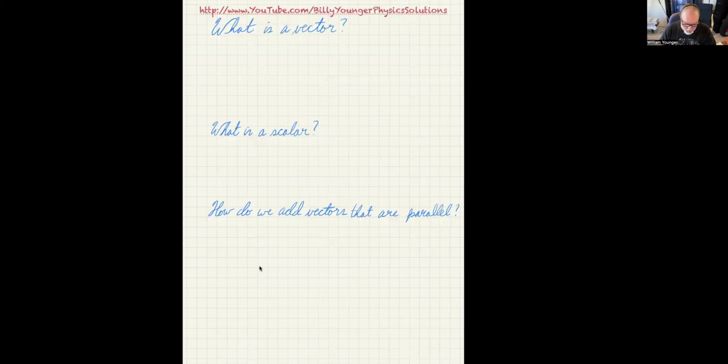So this particular presentation is geared at answering the following questions so that we can sort of understand what vectors are, how they're added, and that sort of stuff, as well as knowing what are some examples of vectors and so on and so forth. So we first off ask the question, what is a vector?